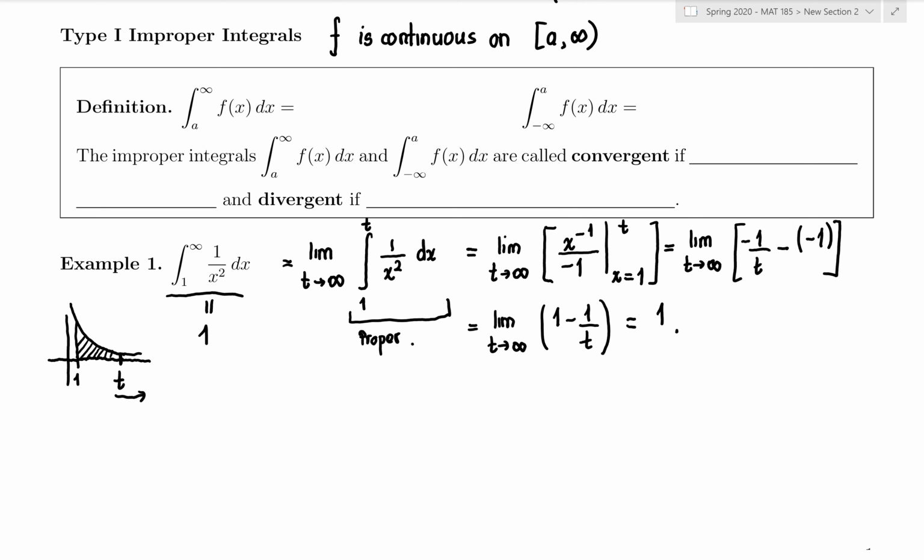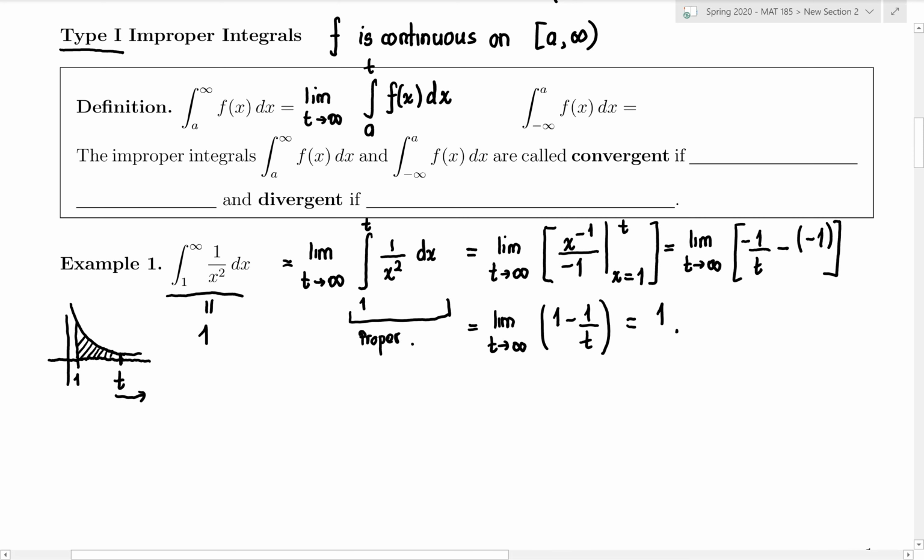In that case, if we're integrating this continuous function over an infinite interval, we're going to call it a type 1 improper integral. And to compute this, we are going to turn it into a limit: the limit as t approaches infinity of the integral from a to t of f of x dx.